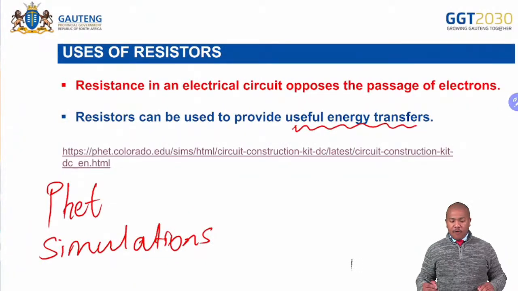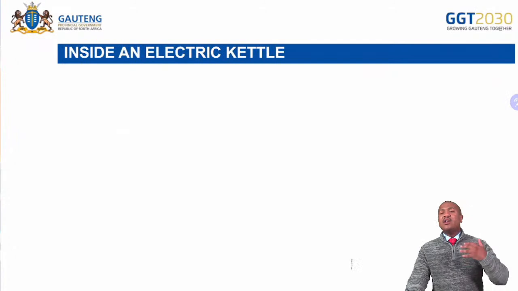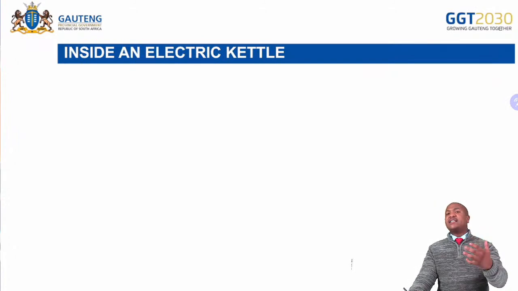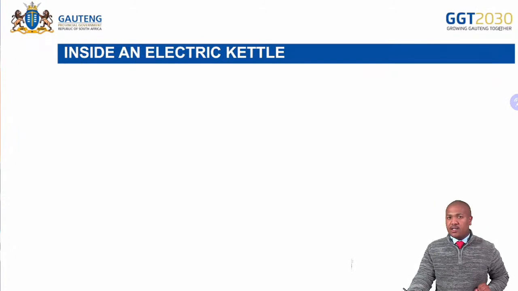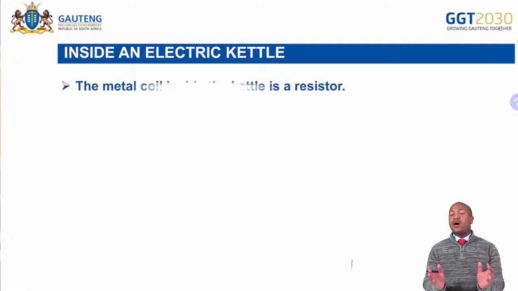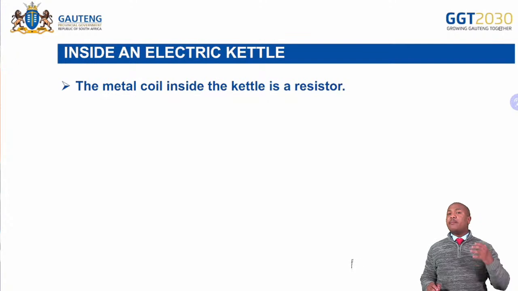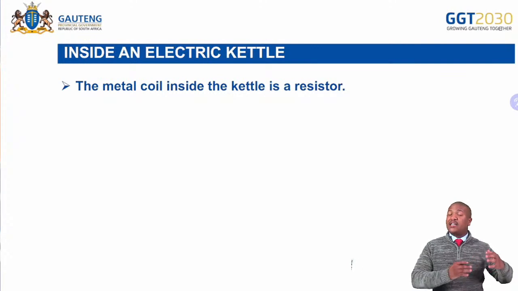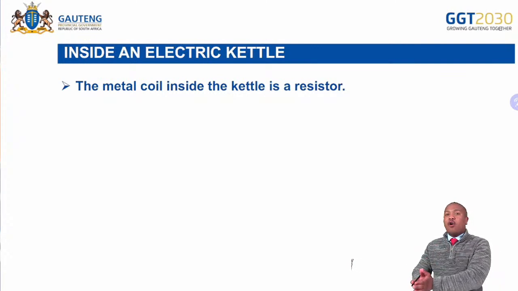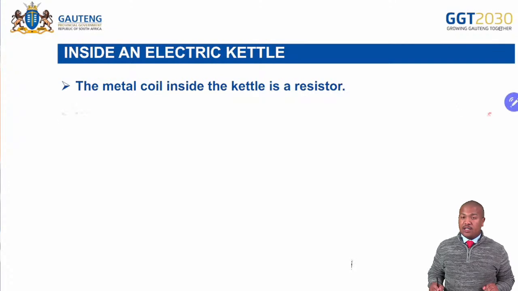Now, moving on. Let's talk about what happens inside an electric kettle, right? As an example, we have given you an electric element of a kettle. We said that that metal coil inside the kettle serves as a resistor. It also transfers that electrical energy into another form of energy, which is heat, right?